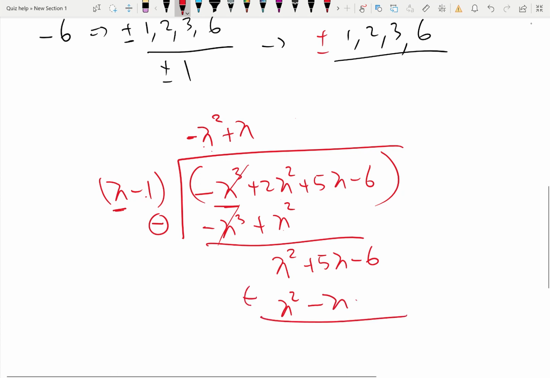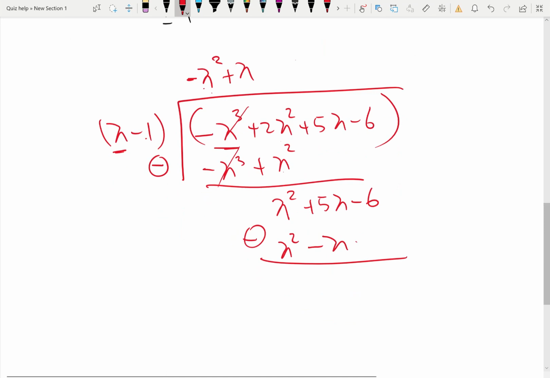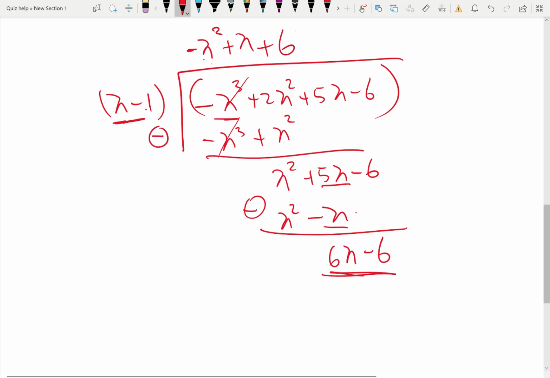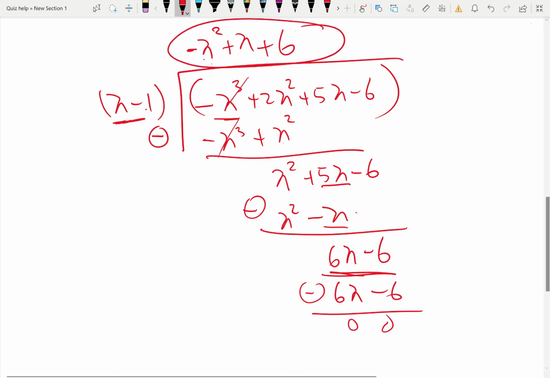Now you subtract: 5 lambda minus lambda is 6 lambda minus 6. Now to get this we multiply by 6, so plus 6. When you subtract, this is going to be 0.